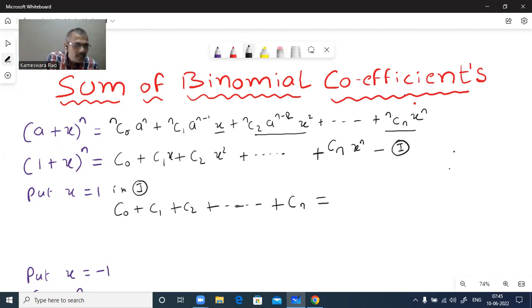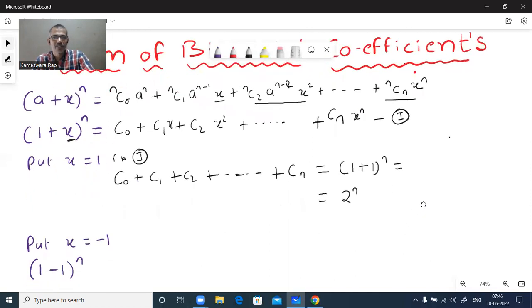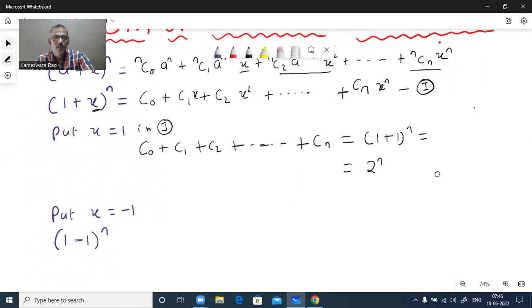On that side, in place of x you write 1, so (1 + 1)^n, that is nothing but 2^n. So the sum of the binomial coefficients: no need to find all the coefficients and add; just calculate 2^n, that is enough.